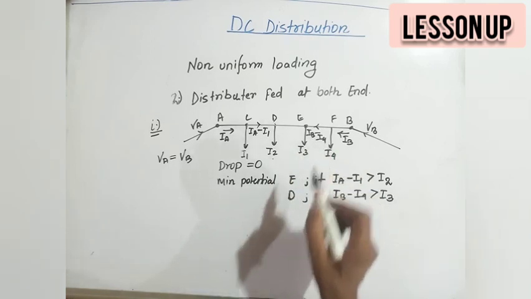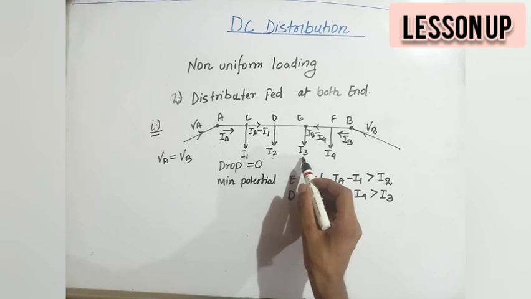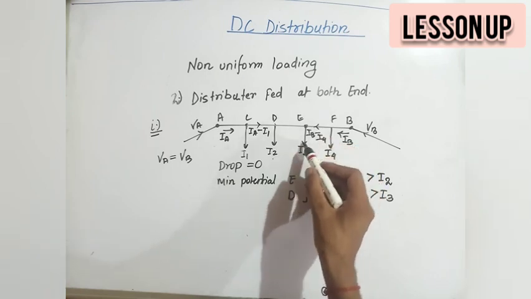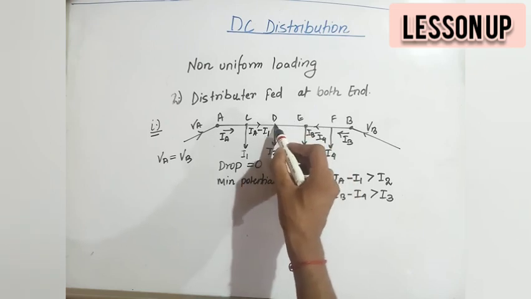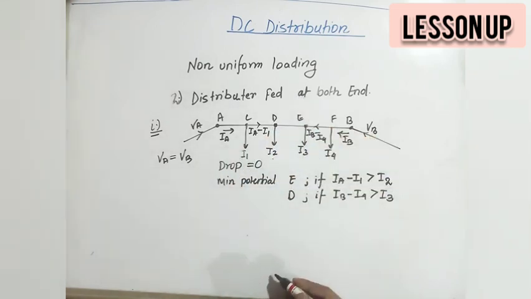Suppose IB minus I4 is 5 ampere and I3 is 3 ampere, so 5 minus 3 is 2 and 2 ampere will flow between D and E. So the minimum potential you will get at point D.